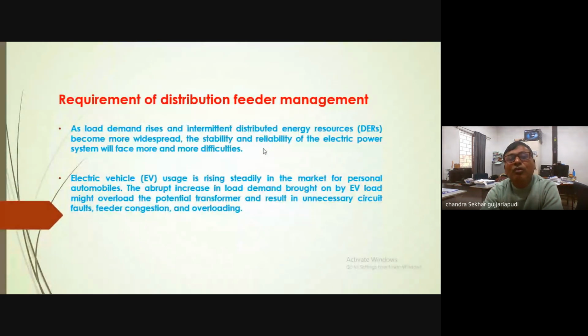Now the question is, nowadays we are thinking about distribution feeder management. Why is it required? Previously, our grid was run completely by conventional thermal generating sources or nuclear sources only.